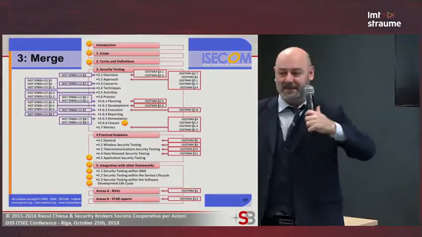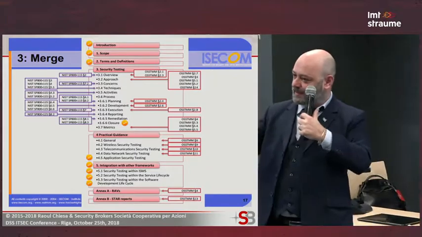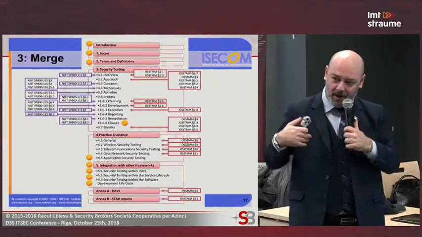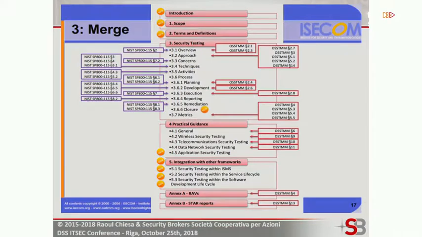The hardest thing is to merge the two things. This is where we, as geeks, got really crazy, because it's easy to understand the reason why.